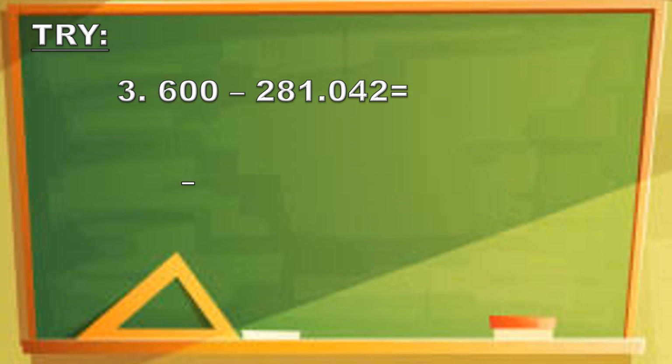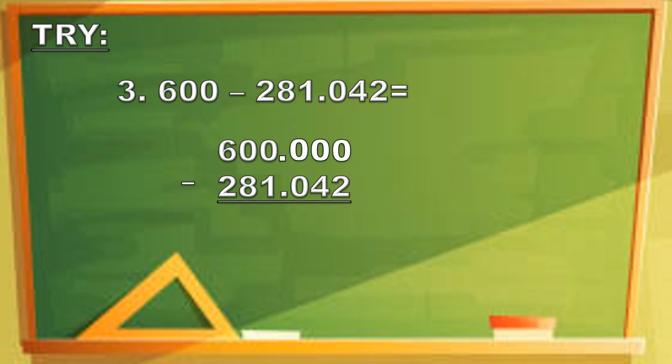Okay, let's write our numbers. We have 600 minus 281 and 42 thousandths. So again, our subtrahend has 3 decimal places. So our minuend must have the same number of decimal places. To do that, we just put a decimal point after the ones place value, and then we put zeros.